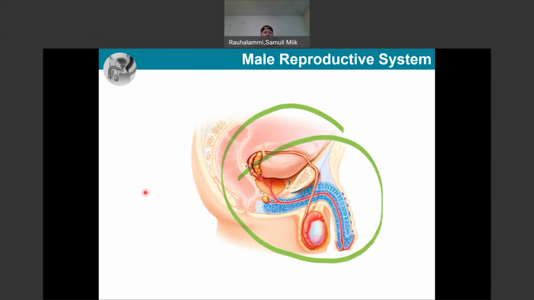So what I was hoping to do next is to review the male reproductive system, and we'll review that by going through it structure by structure, and we'll actually draw it out very diagrammatically ourselves, and hopefully we'll end up with a drawing that resembles something like what you will be seeing here.